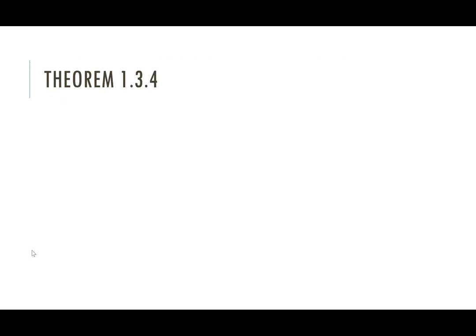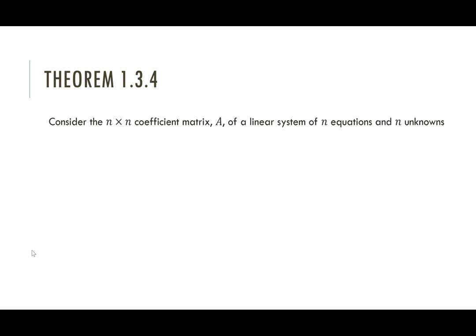But we're not done. The last thing I want to talk about, a little cleanup theorem, is theorem 1.3.4. Now suppose we have an n by n coefficient matrix. So we have n equations and n unknowns. The system has a unique solution if and only if... And now this is something we might really care about. Like, when do we have a unique solution?